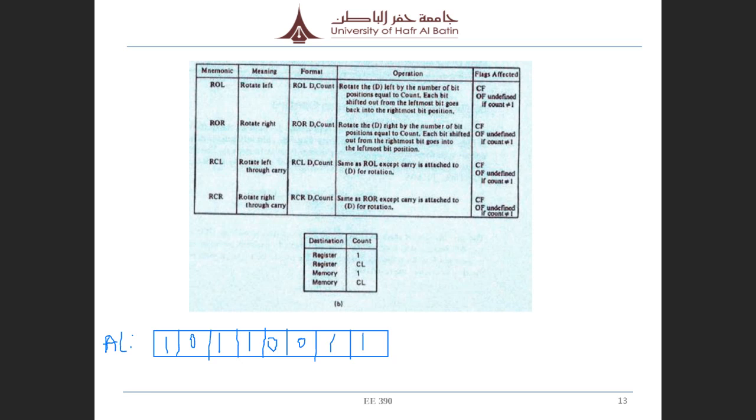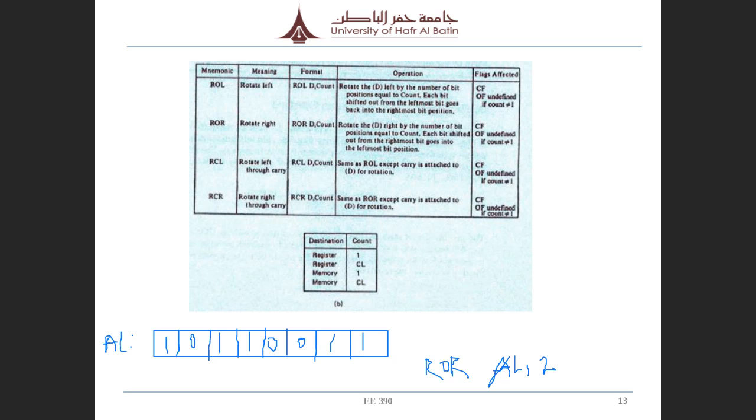Now, what will happen if I say ROR, rotation right, AL, 2? That means a 2-bit rotation right. During the right rotation, we start from the MSB bit.